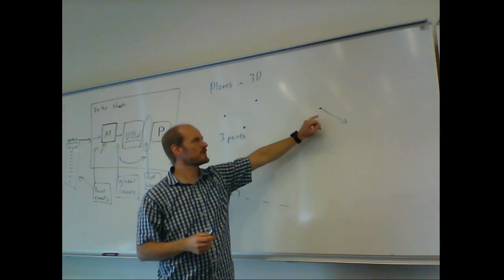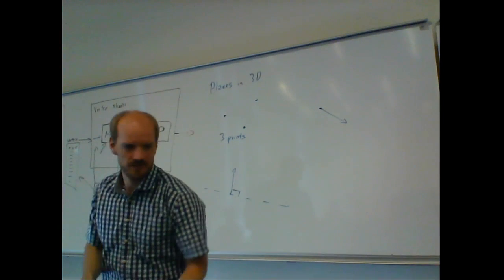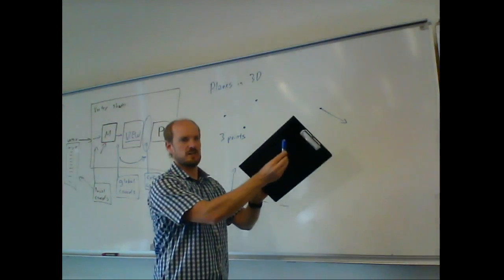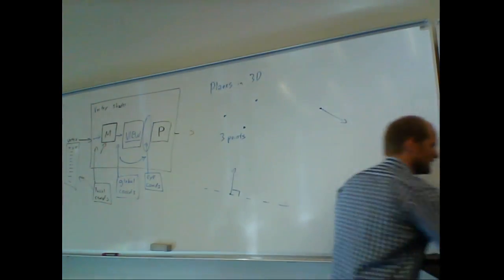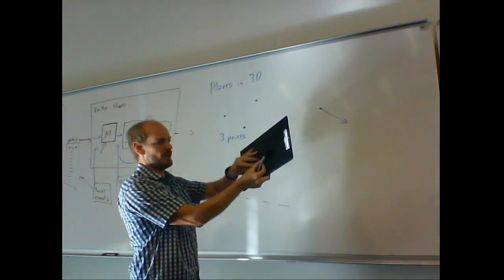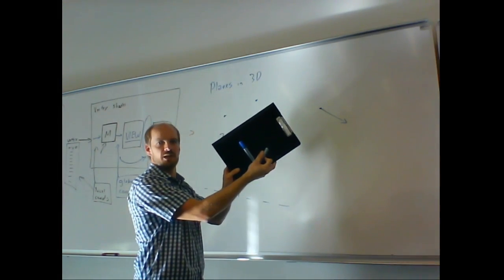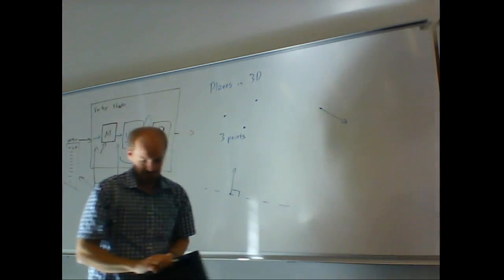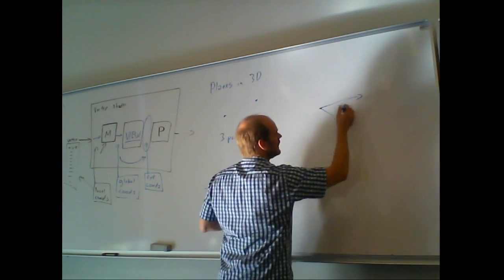How can I represent it here? A line is represented with a point and a vector. I need more. A point and a vector is still a line, and this might lie anywhere. But if I have a point and one vector and another vector, so a point and 2 vectors, then I've locked this plane down, right? So a point and 2 vectors.